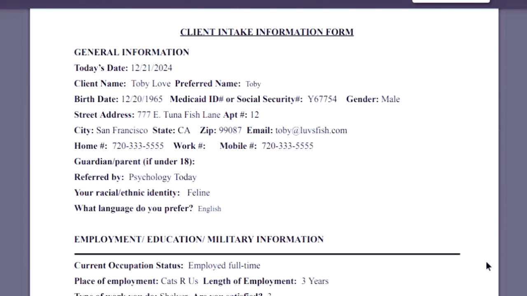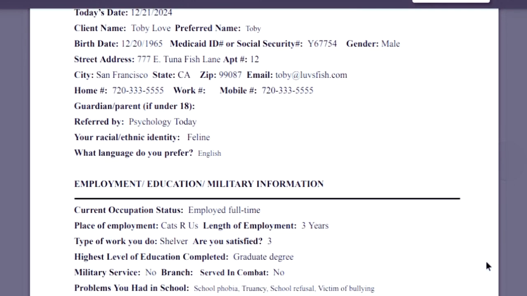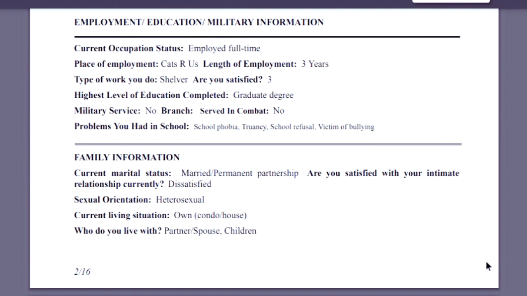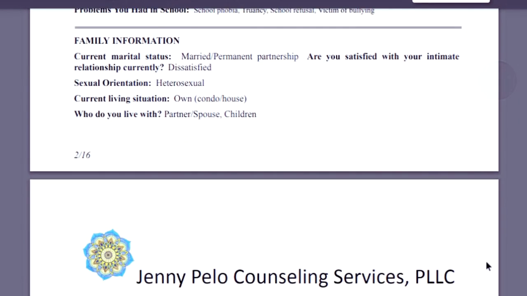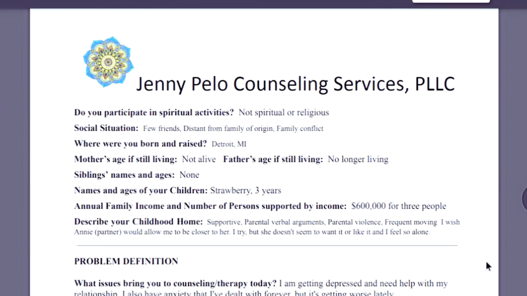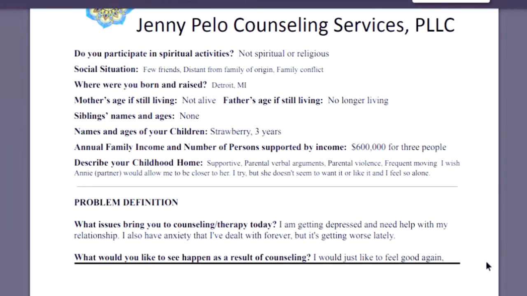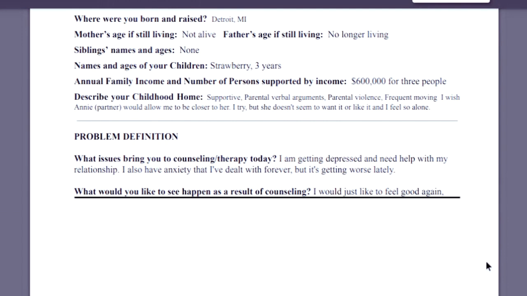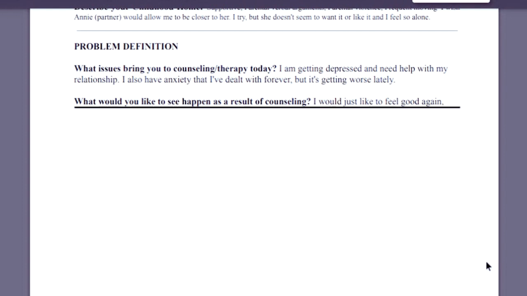So I have the general information first, and then employment, education, military, the family information, things about the social situation, and some information just about growing up and describing the family home, and then the problem that Toby is wanting to get assistance with.